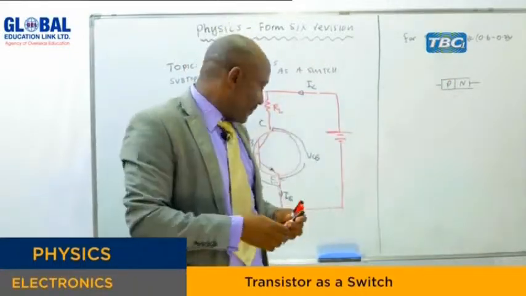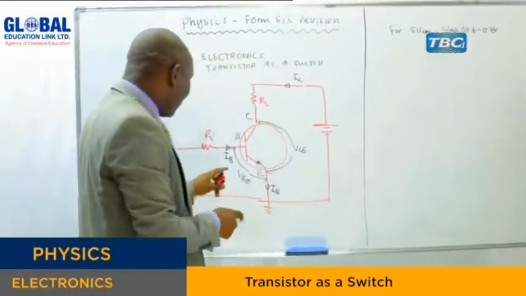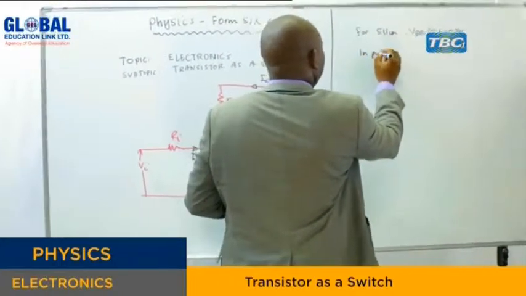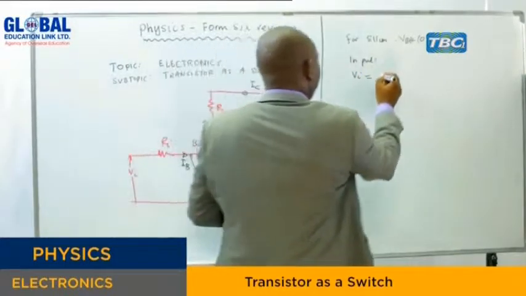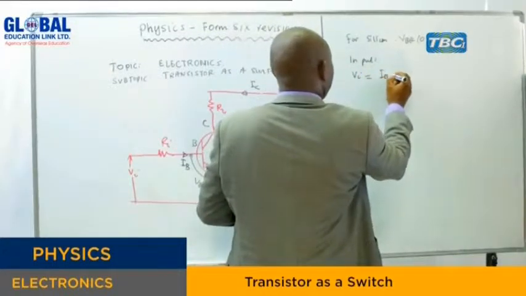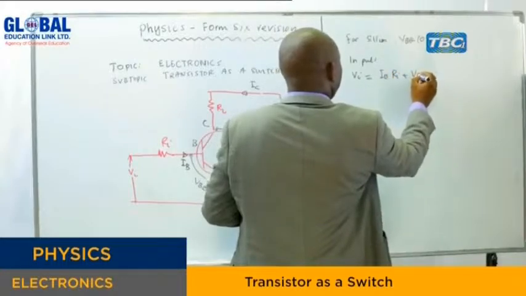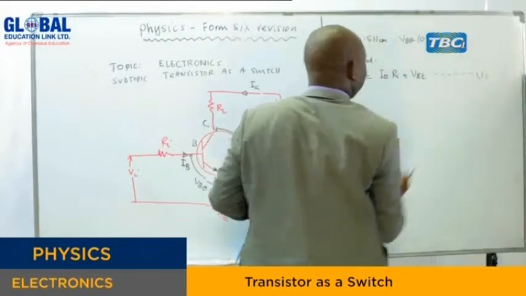When you overcome that barrier, the current will flow. So even for a transistor, for the input circuit, the input voltage is given by VI = IB R input + VBE. That is equation 1.